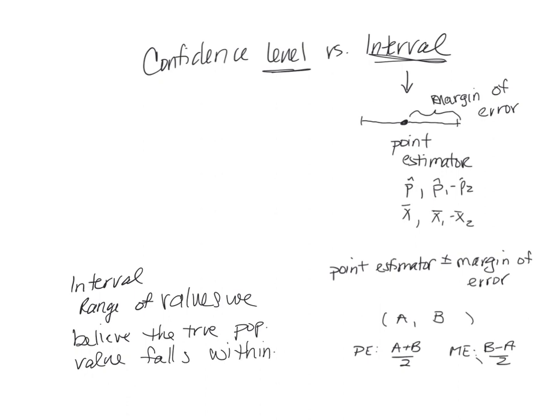Okay. The range of values we believe the true population value falls within. A confidence level is a little bit trickier. Okay. So a confidence level says, and there are some famous ones, so 90, 95, and 99 are our famous confidence levels.